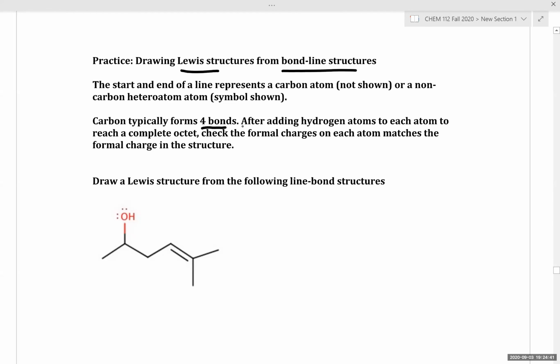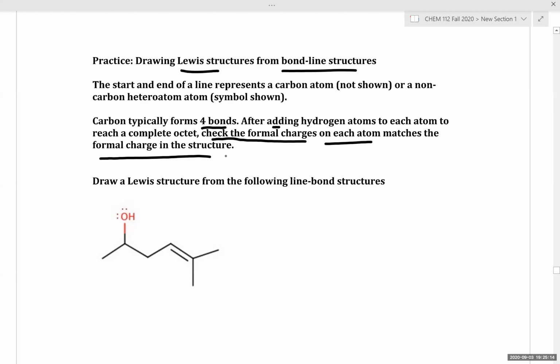You assume each carbon is saturated with hydrogens unless it specifies otherwise, such as with a double bond, triple bond, etc. One other thing to watch out for is the formal charge on each atom.